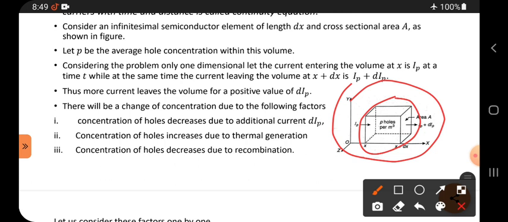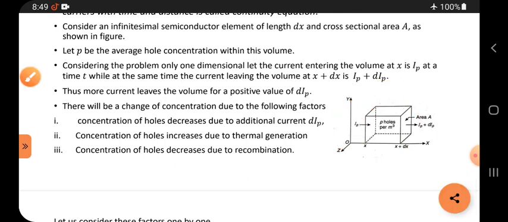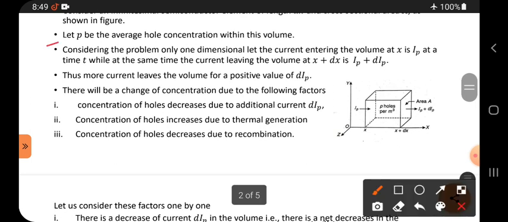Its length is dx and its area is A. Let P be the average hole concentration within this volume. P indicates the average hole concentration, meaning the number of holes present per unit volume, that is the concentration.